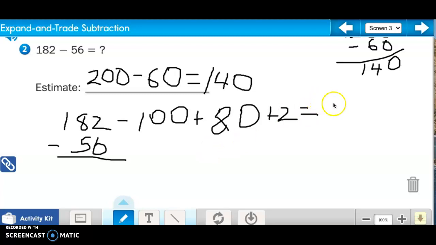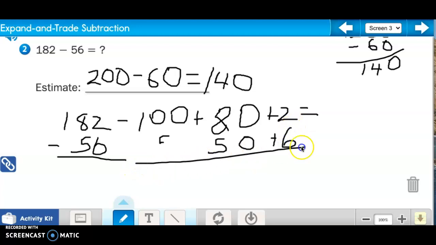Now, that would be 50. Oops, we're not going to put the 50 on the hundreds. We're going to put the 50 over here. 50 plus 6.